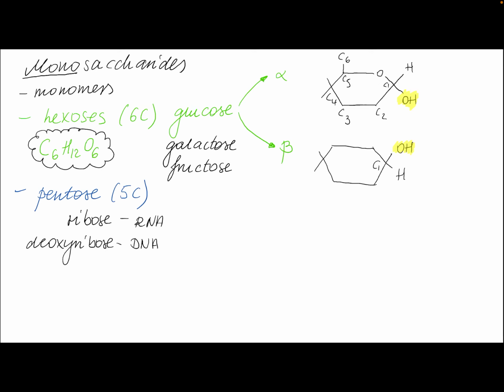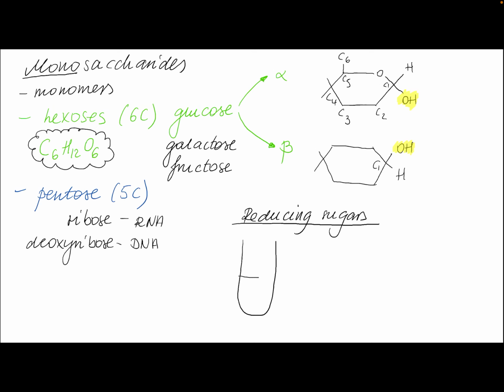If you are asked to provide the test that will allow you to identify the monosaccharides, for instance glucose, in the food sample, we will use the test for reducing sugars. All monosaccharides are examples of the reducing sugars.